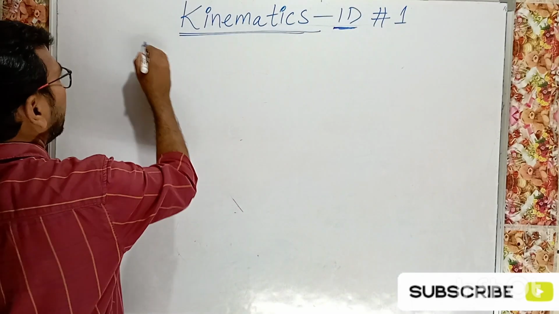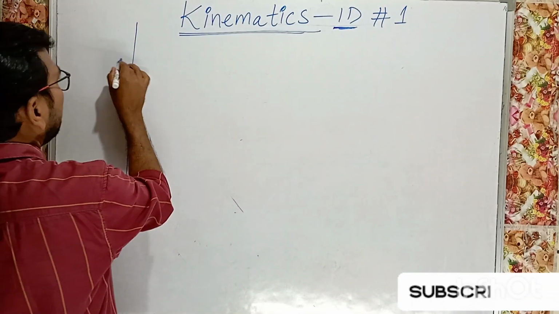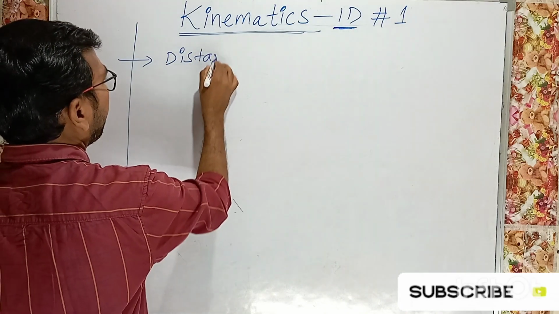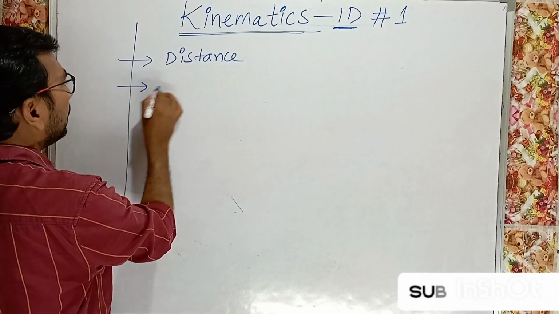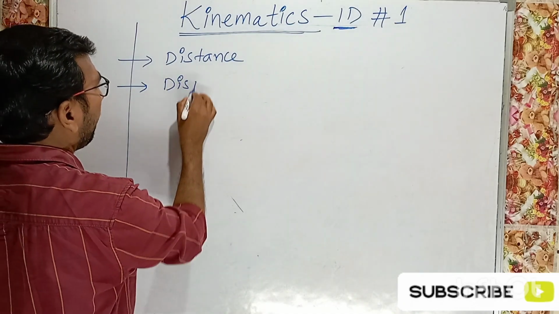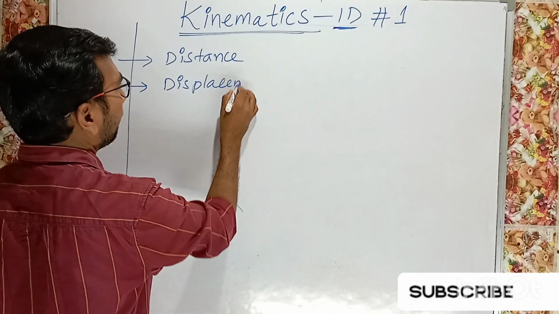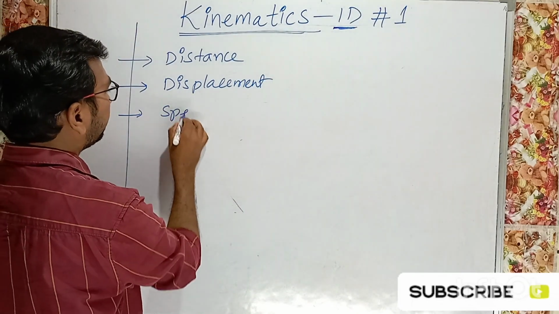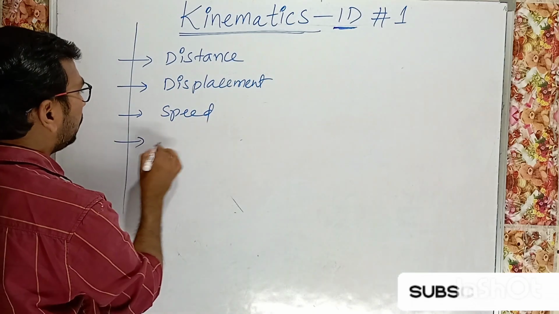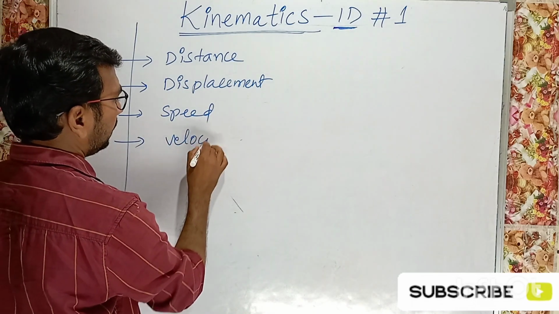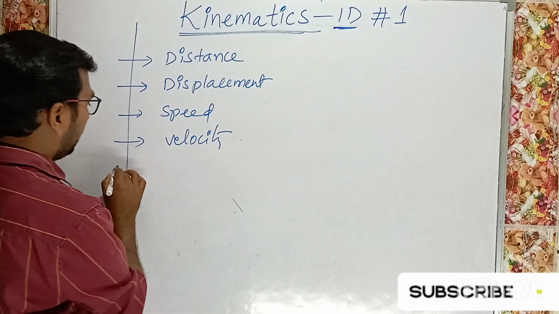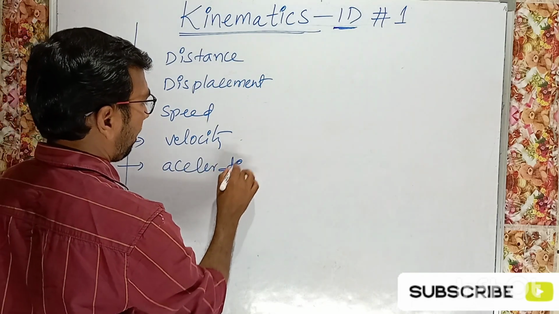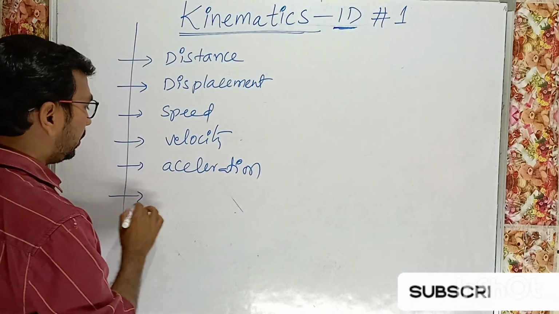So in kinematics 1D, we can discuss: first one is distance, second one displacement, third one speed, fourth one velocity, and acceleration, and jerk.